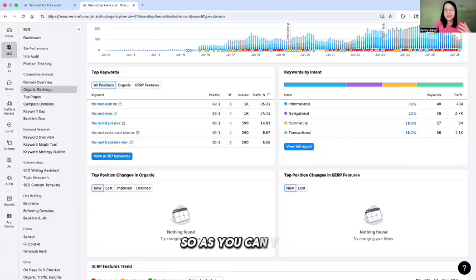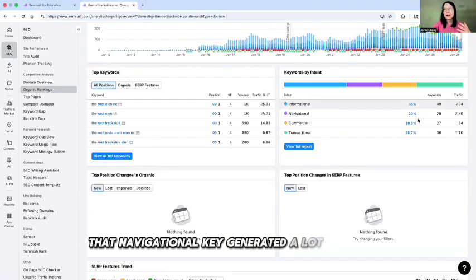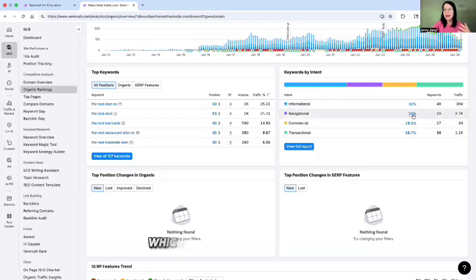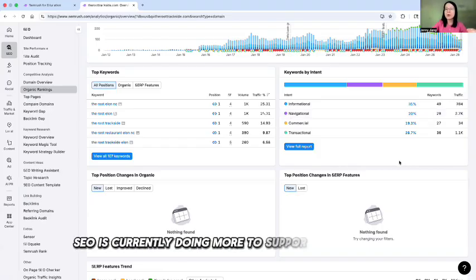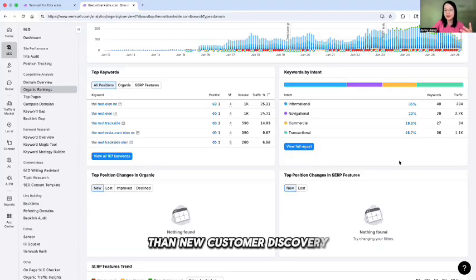So, as you can tell, the navigational keywords generated a lot of traffic, which again supports the idea that many users are searching directly for the business. That means SEO is currently doing more to support brand lookup than new customer discovery.